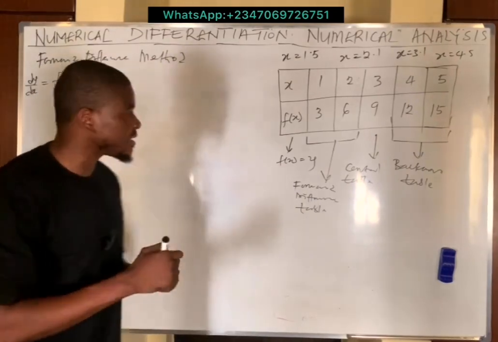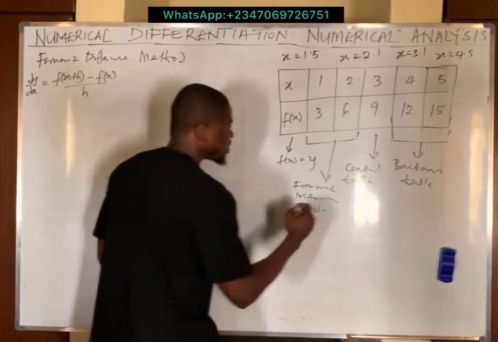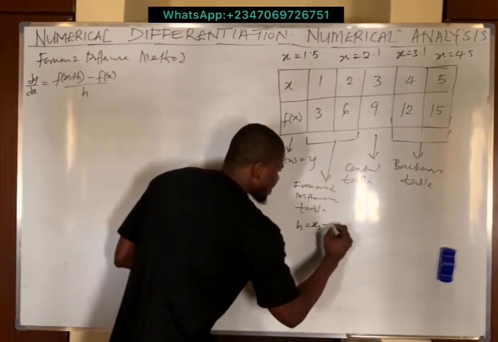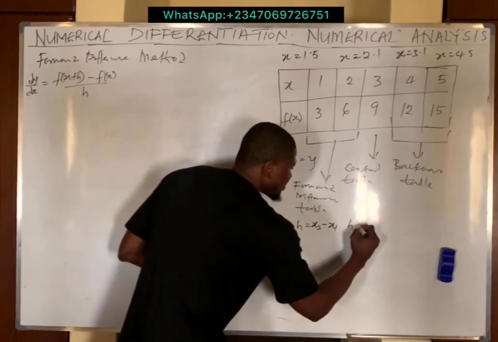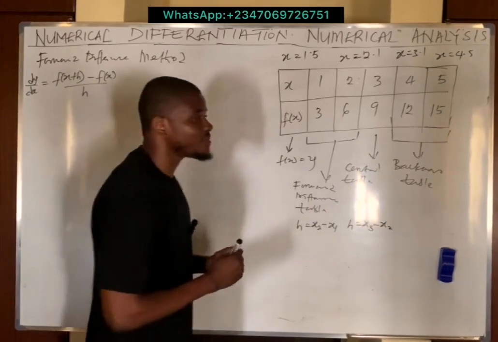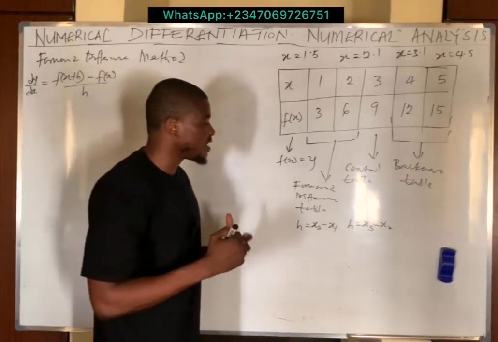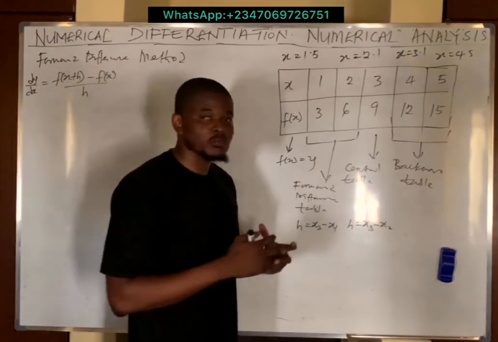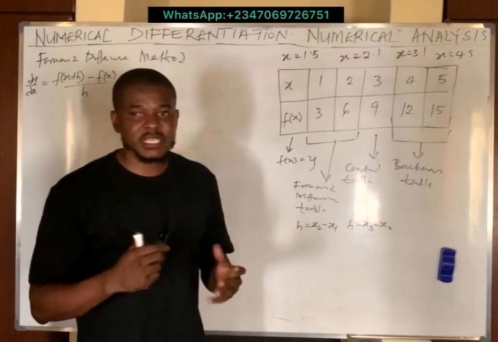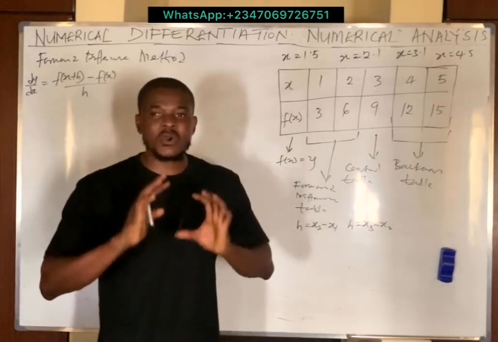Now, what does that mean? That simply means for this given table, h can be x2 minus x1, or h can be x3 minus x2. So it means the difference between successive values of x. It can also be x4 minus x3 or x5 minus x4, and the value will remain constant.